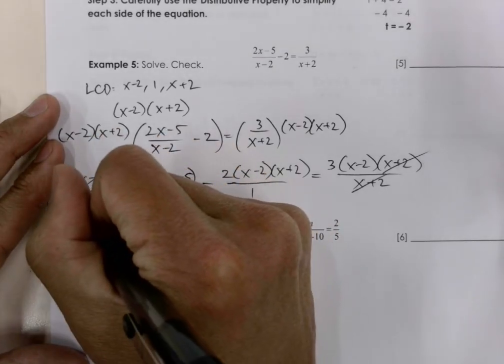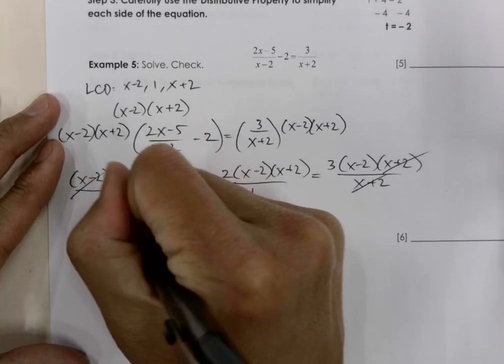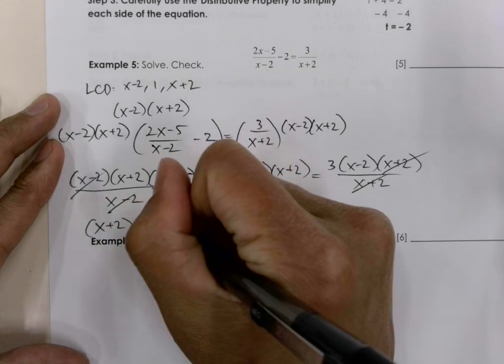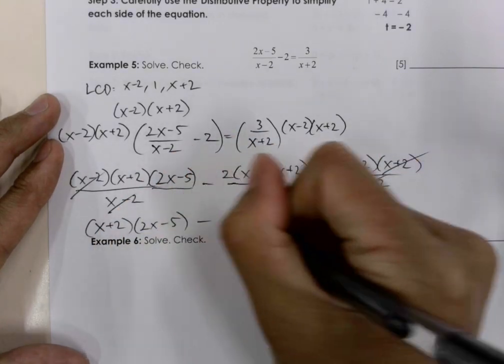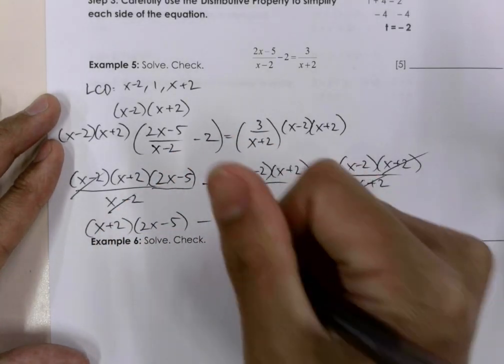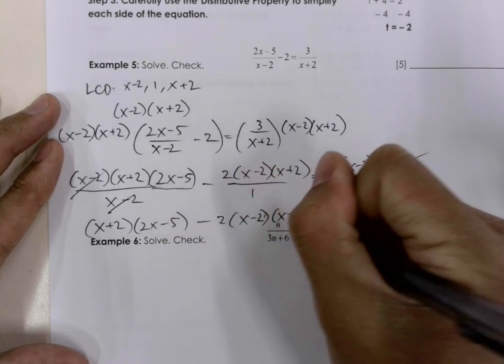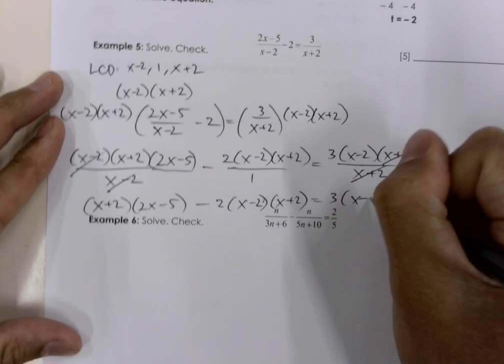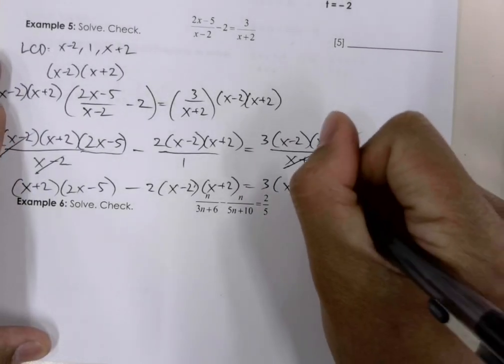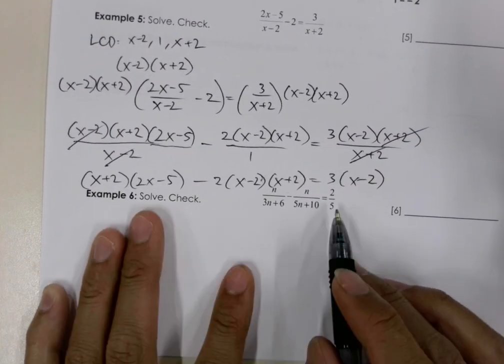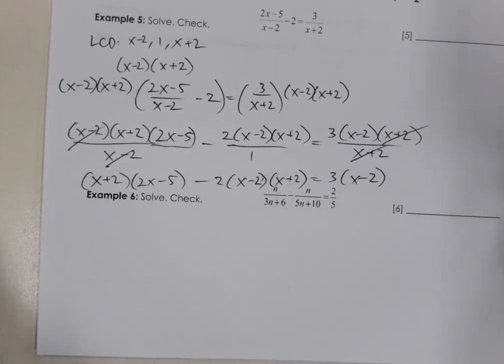We're left with x plus 2 times 2x minus 5 minus 2 times x minus 2 times x plus 2 is equal to 3 times x minus 2, and that's it. Alright, so now what are we going to do?